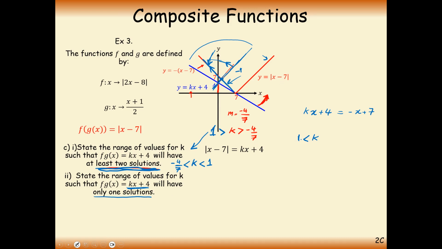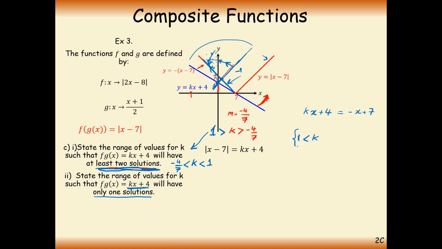Any value where the gradient of the blue line is larger than 1, and once we start rotating, any value of the gradient up to infinity, that means there is no upper bound, will give us at least one intersection point. But what about when we have the line going to the left, that means here or here or here, that means the gradient turns negative. It can be negative as well.